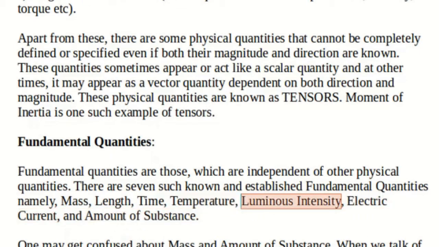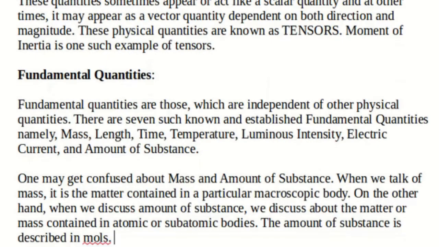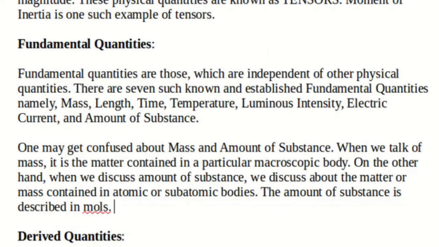Now we have discussed physical quantities. Our physical world can be considered as a huge structure which involves some fundamental or basic physical quantities that act as pillars, and the whole other structure is made up of derived physical quantities that are based on those fundamental quantities.